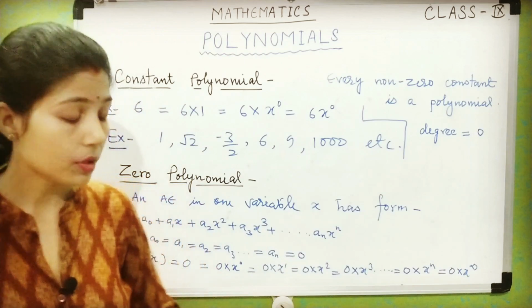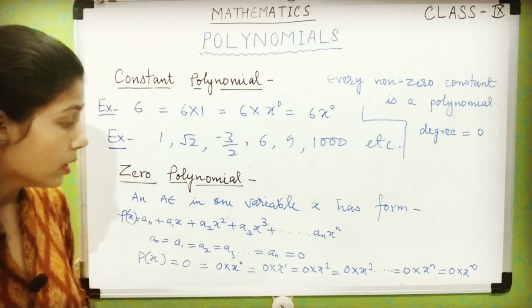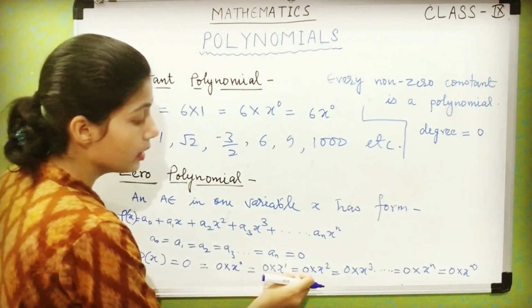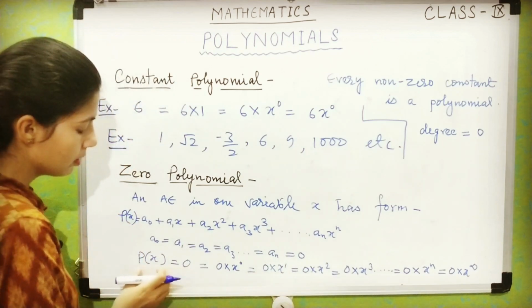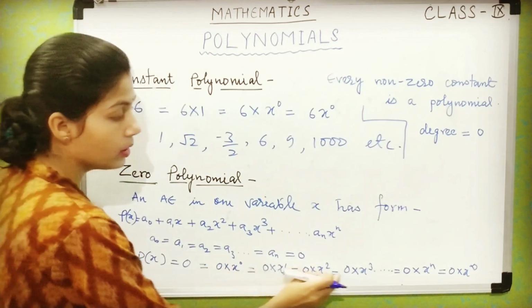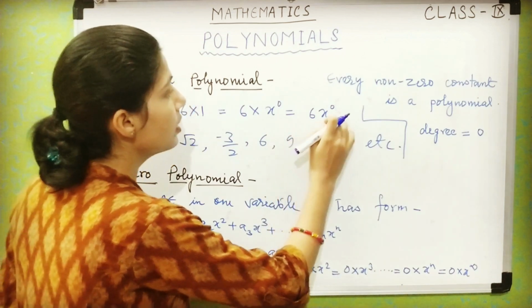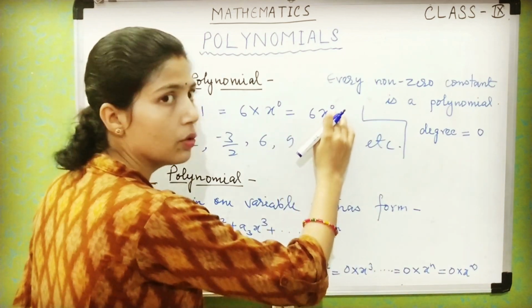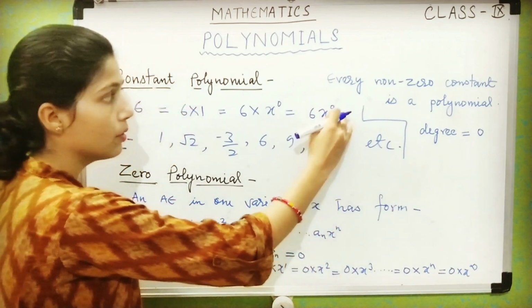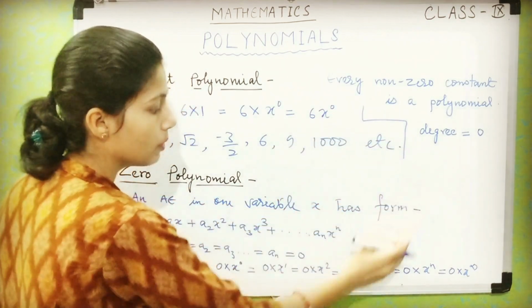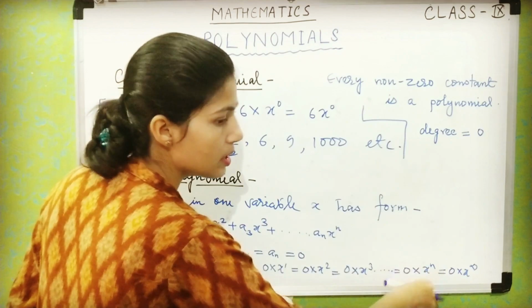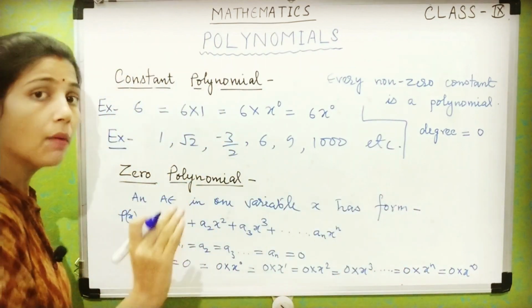So it can hold the power of any number; this whole number is not fixed here. So the degree of the zero polynomial we cannot define. In a constant polynomial the power is 0, which is fixed, so its degree is 0, but here the power is varying, up to infinity.